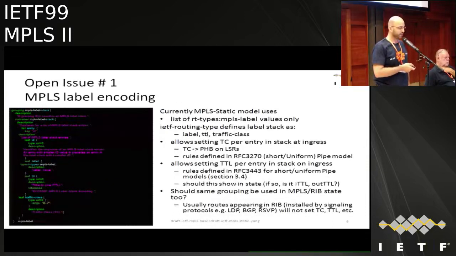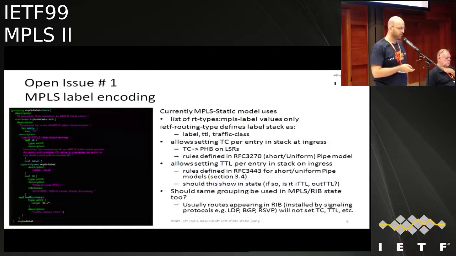Now, if we allow traffic class to be configured on anything beyond the top label, then there is some intersection with RFCs defined for the short pipe, the pipe, and the uniform pipe model for the TTL as well as the traffic class. This is applicable at disposition time as well as imposition time.